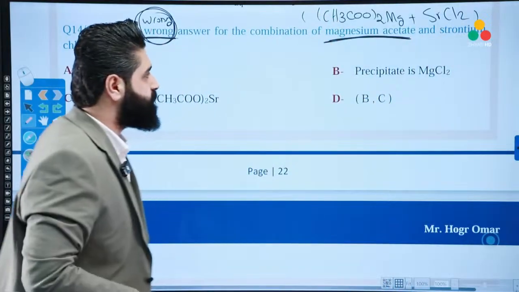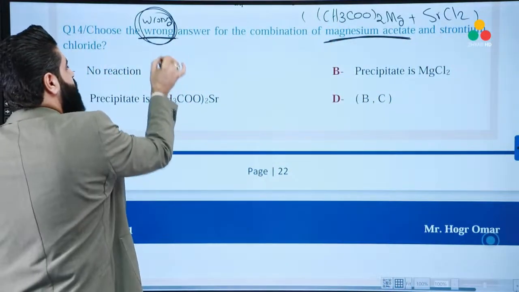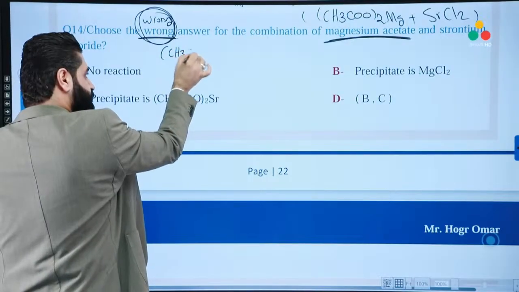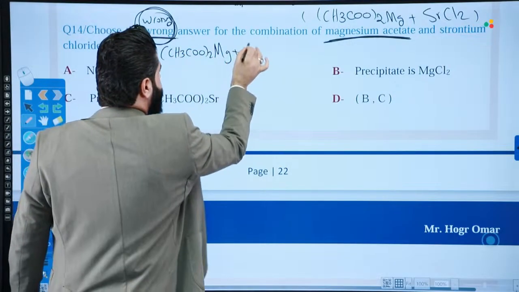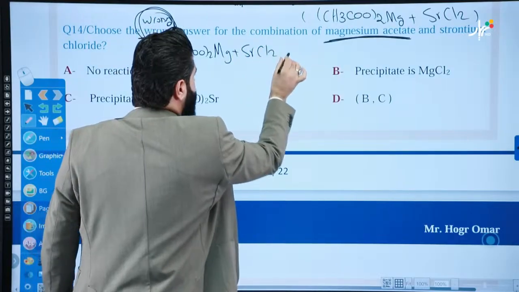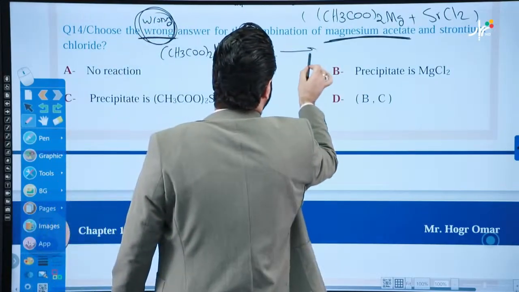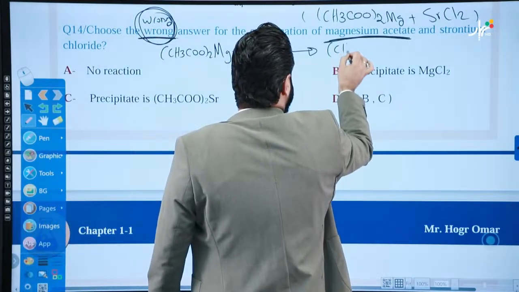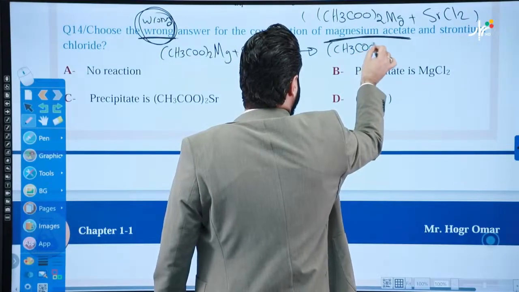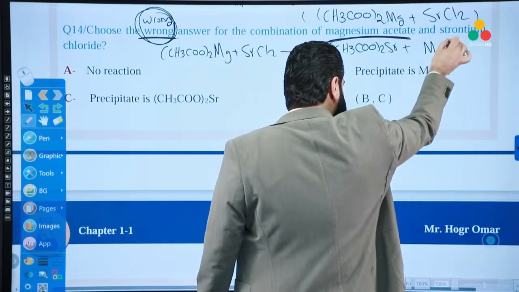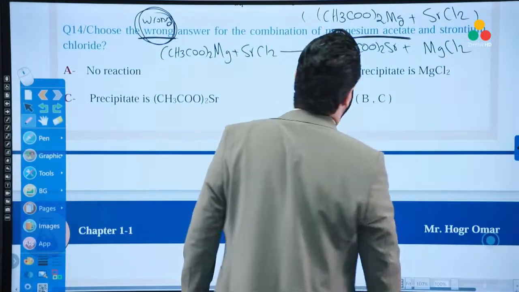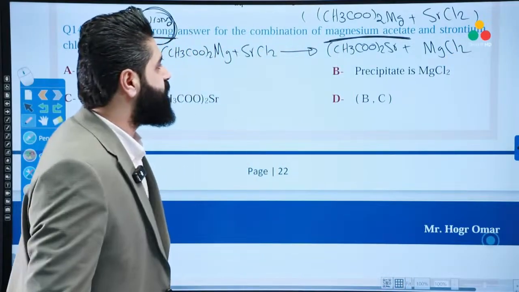(CH3COO)2Mg plus SrCl2 to form (CH3COO)2Sr plus MgCl2. Good. I'll leave the balancing for you.